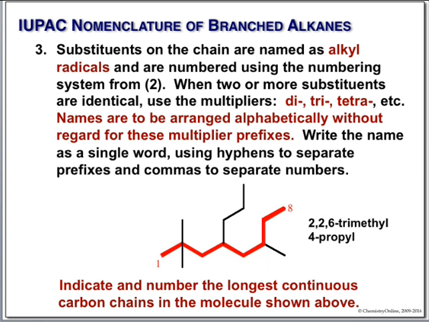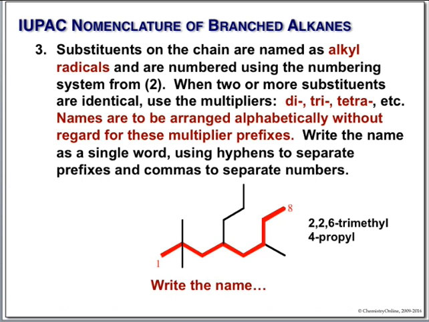At carbon 4, I have a propyl. Now our main chain is 8 carbons, right? So that's an octane. It's an octane with 2,2,6-trimethyl and 4-propyl. So let's write a name.